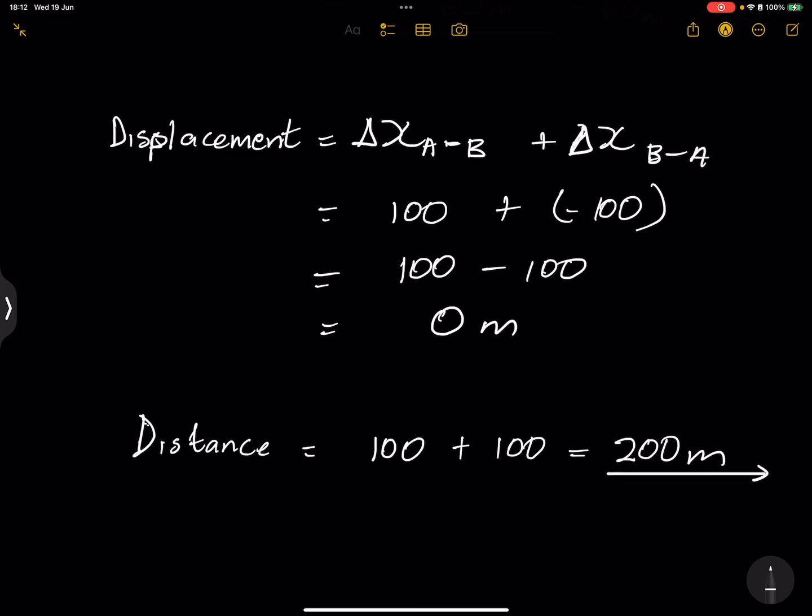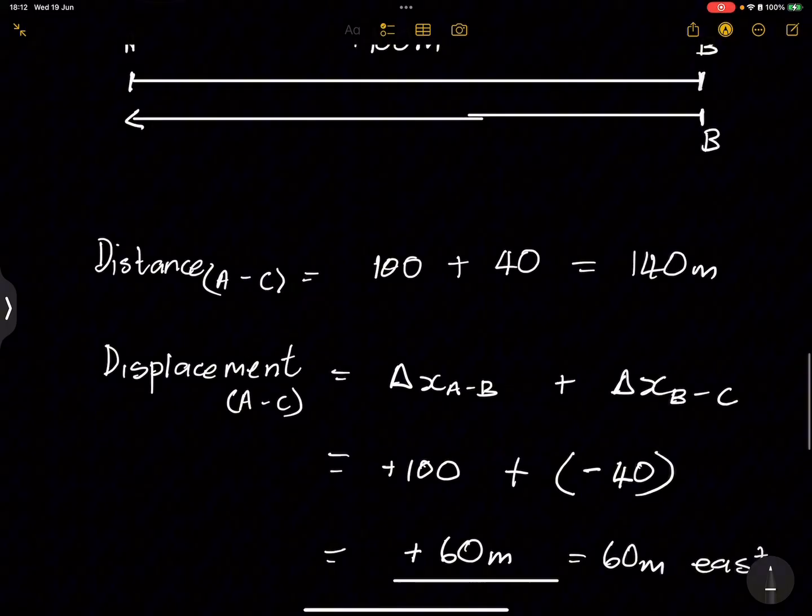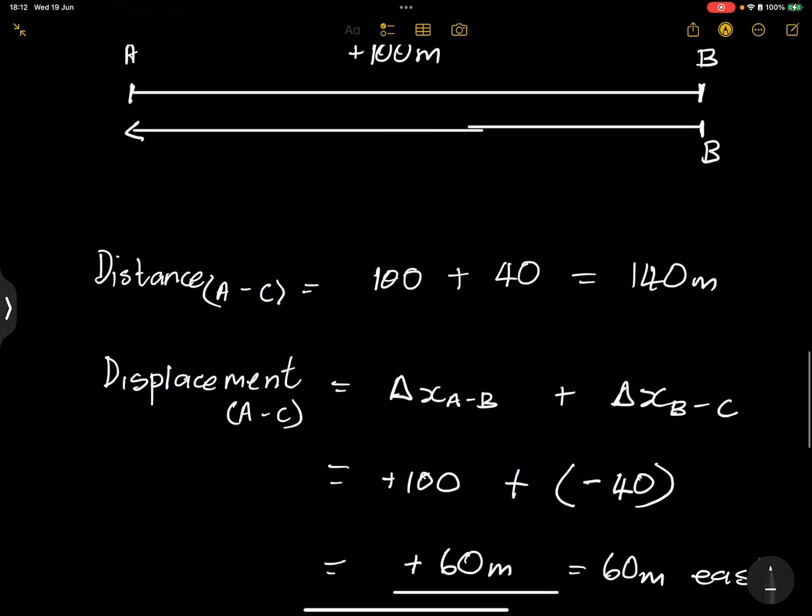Okay, right. Now, let's go back to our initial example. Let's say they ended up at that C position there. B to C would have been 40 meters, right?